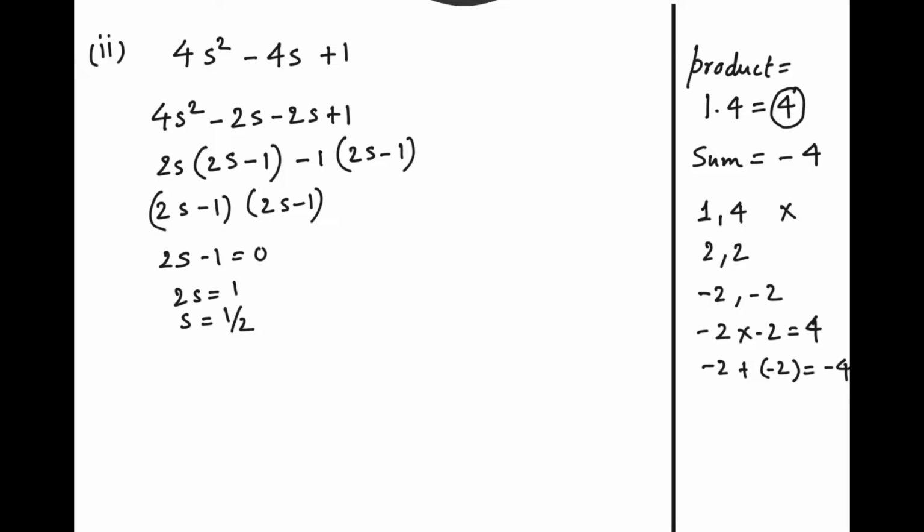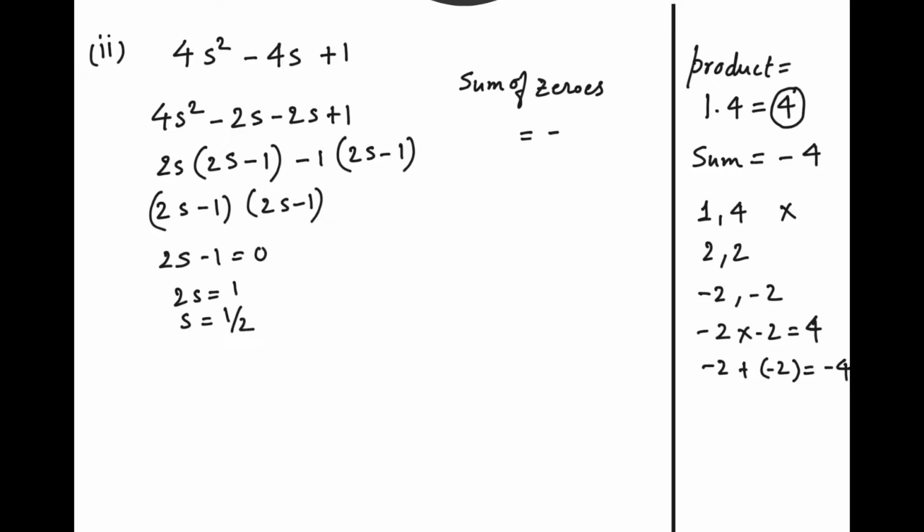Now we need to verify the relationship between the coefficients and the zeros. We know that the sum of the zeros should be equal to minus the coefficient of the middle term divided by the coefficient of x squared.